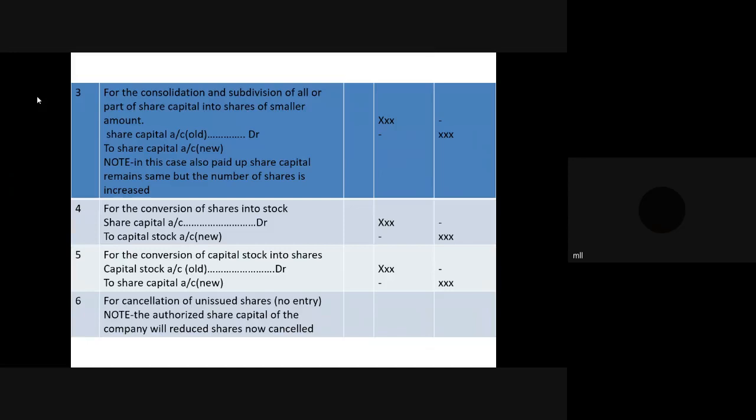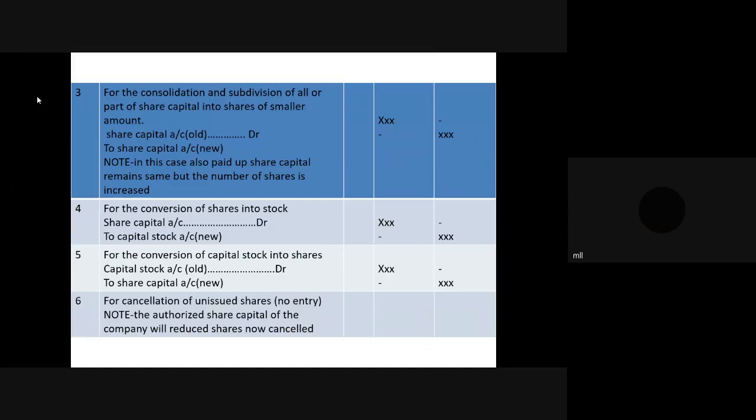Then another entry for the conversion of stock into shares: capital stock account old debit to share capital account new. Next, for cancellation of unissued shares, there is no entry.